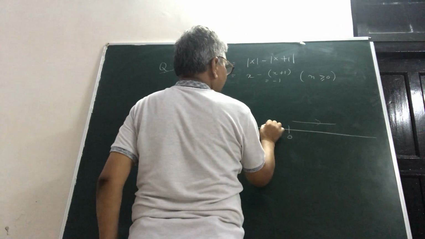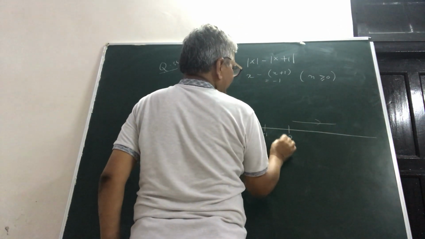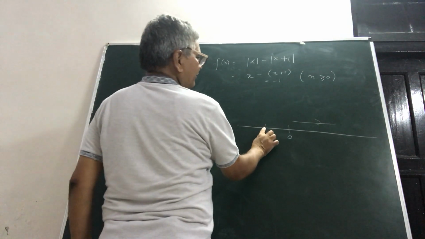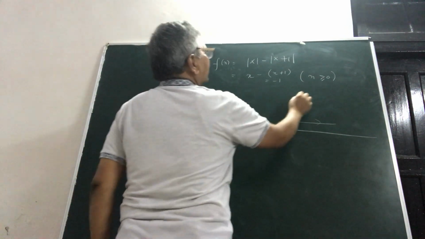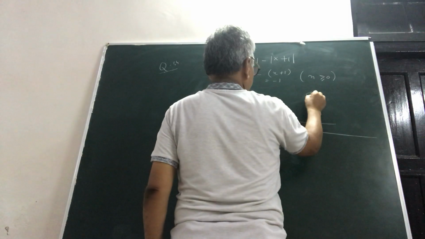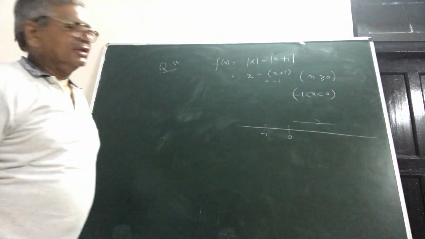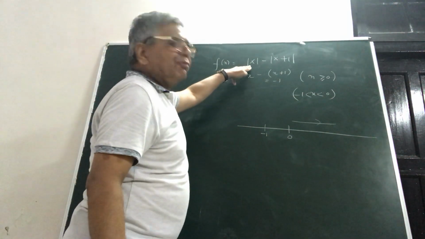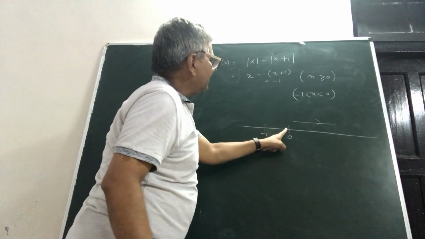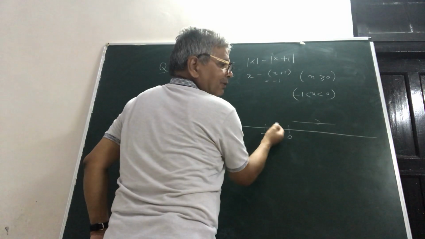Now, you write this when x lies in the open interval between -1 and 0. And now x is lying in the open interval -1 to 0. Then let us see how our function can be defined. Here, x will be negative in this interval.